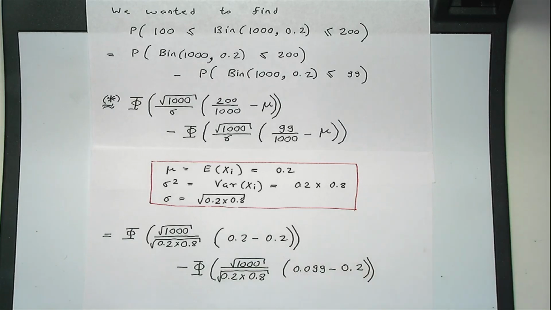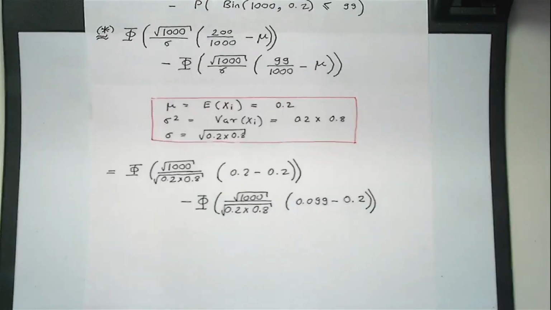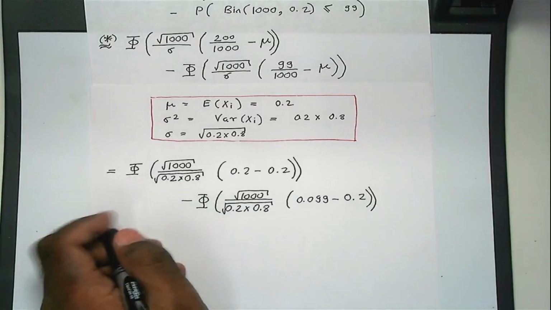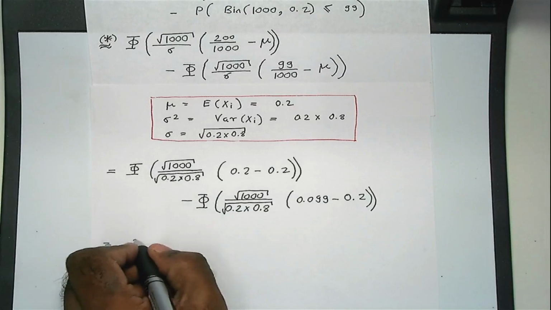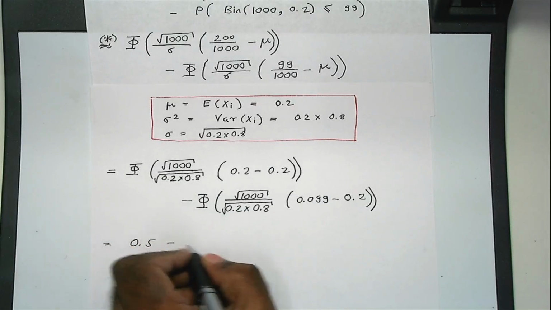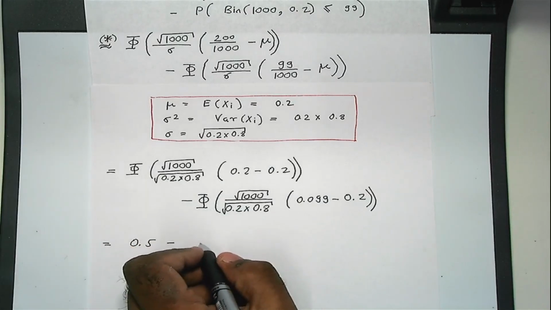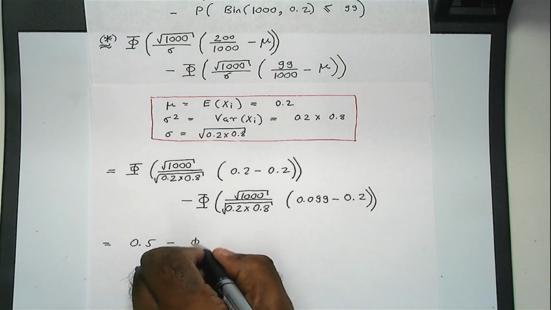So the first term is 0, because 0.2 minus 0.2. And phi of 0, I'm sure all of you know, is half. So this becomes 0.5 minus this guy here, which we'll just write down as it is.